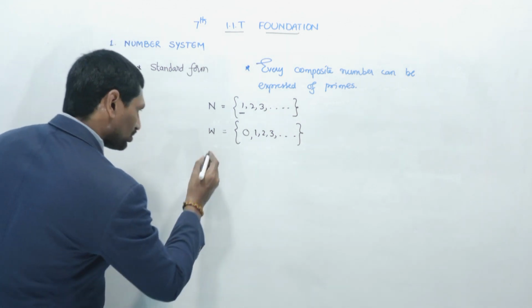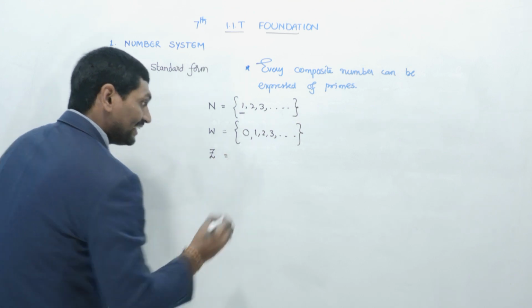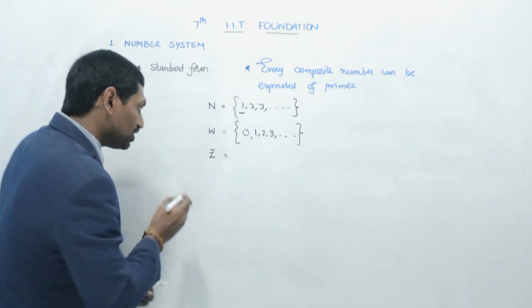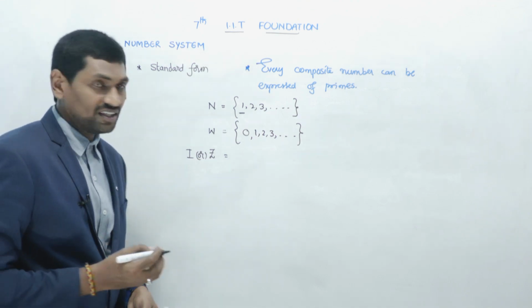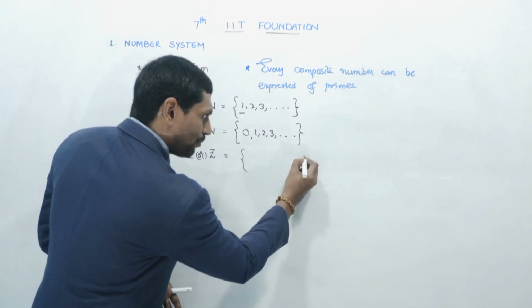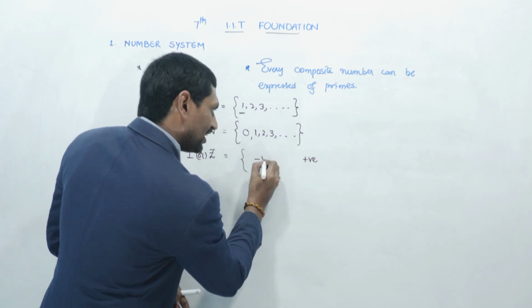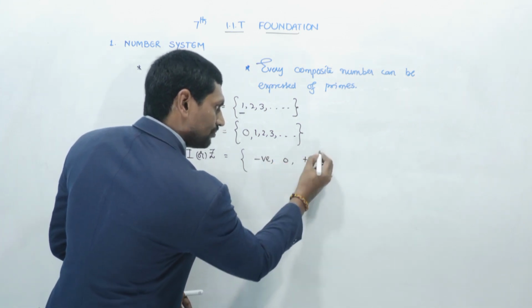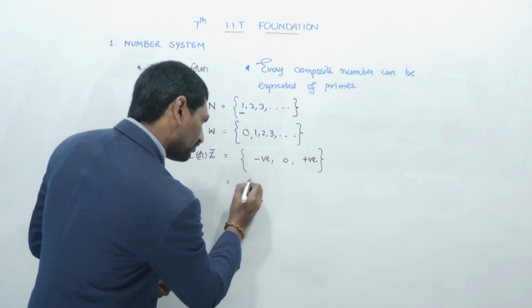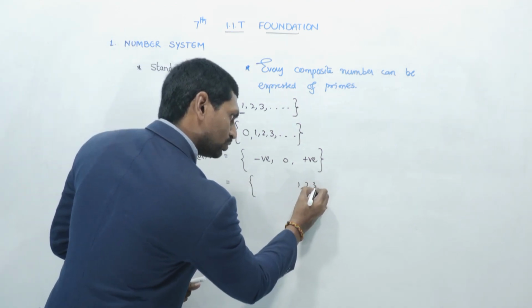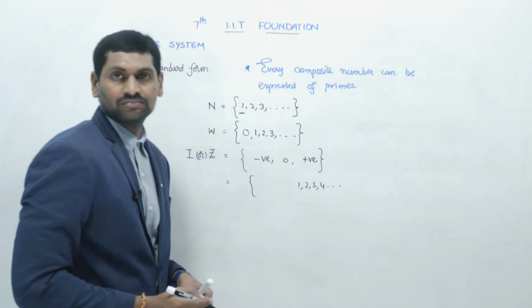Next, let us go through the integers. Integers are represented with the letters I or Z. What are integers? All positive numbers and all negative numbers including 0 are called integers. All positive numbers means 1, 2, 3, 4 and so on.